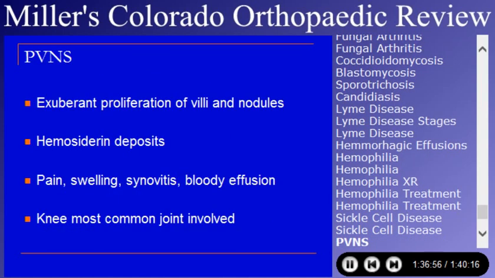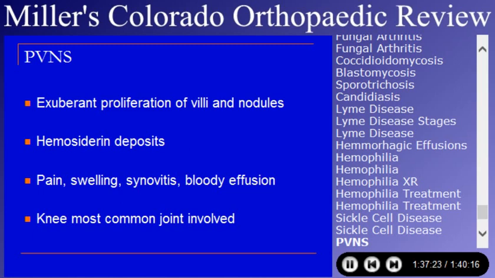Pigmented villonodular synovitis is an exuberant proliferation of the synovium of unknown etiology. There are hemosiderin deposits within the synovium, presents as pain, swelling, synovitis, and a bloody effusion. Knee is the most common joint involved, but it involves virtually any joint at some point, one time or another.